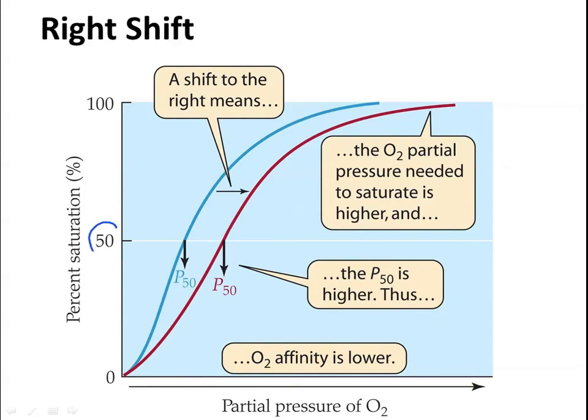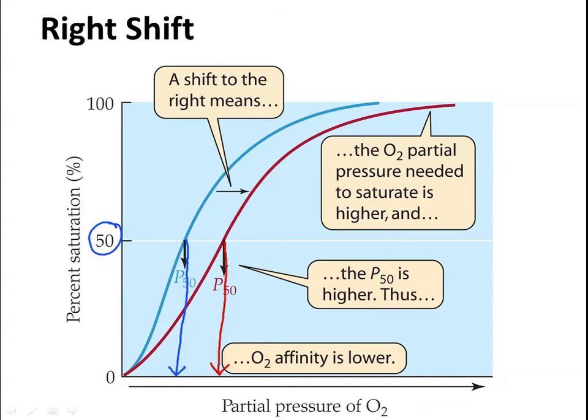So here's the 50% hemoglobin saturation mark. And for the normal blue curve, we can drop that down and find the P50 on the x-axis. And for the curve that's shifted to the right, here's the P50. And you can see in this right-shifted curve that the P50 is higher. And that means that more oxygen is required to reach the 50% saturation point of hemoglobin.